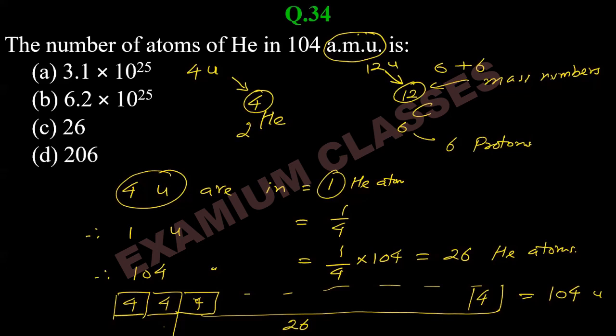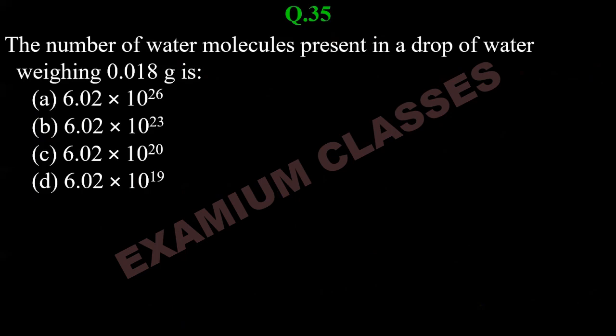Total will be 104. Is that clear now? Yes. Okay. So you should not get confused with 104 grams. If it were 104 grams, then you would convert 104 grams first to moles, and then mole multiplied by Na will give you number of atoms in that case. So here answer will be 26. C is correct option. Next.